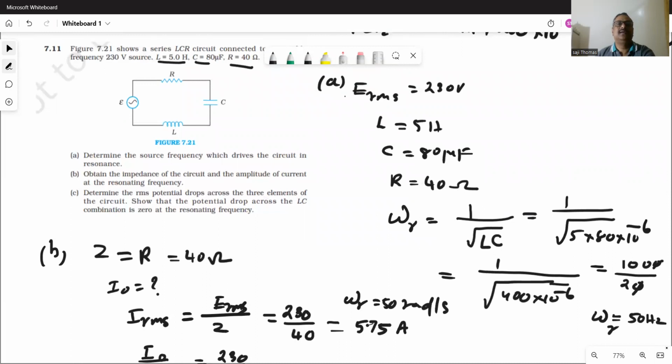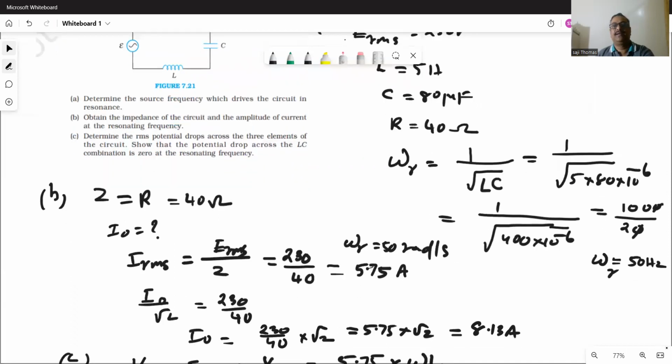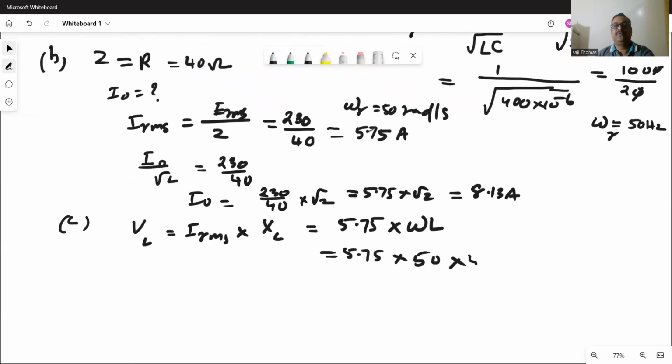L is 5 Henry. So you get 5.75 into 250. You have to calculate it. It is 1437.5 volt.